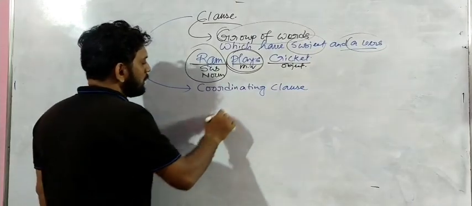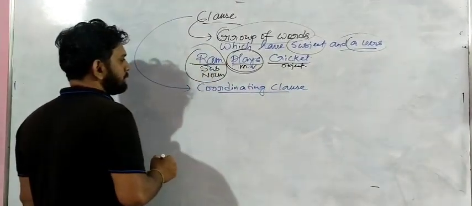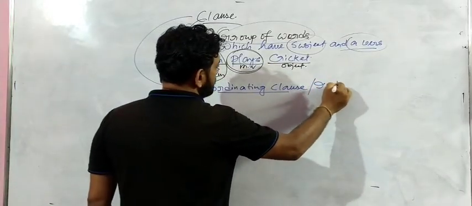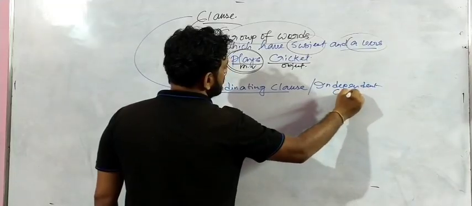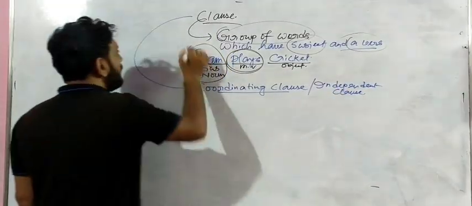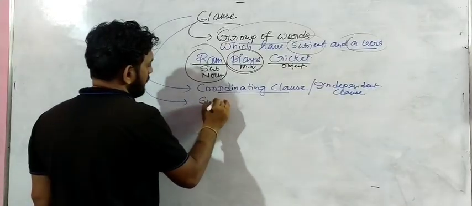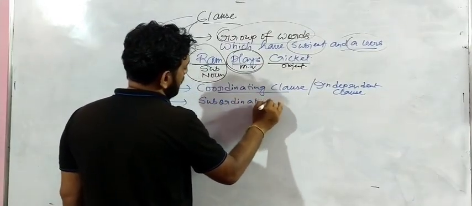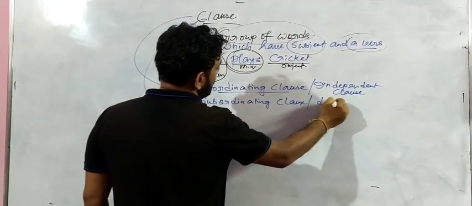One is the coordinating clause, which we can also call the independent clause, and the second one is called the subordinating clause, which is also known as the dependent clause.